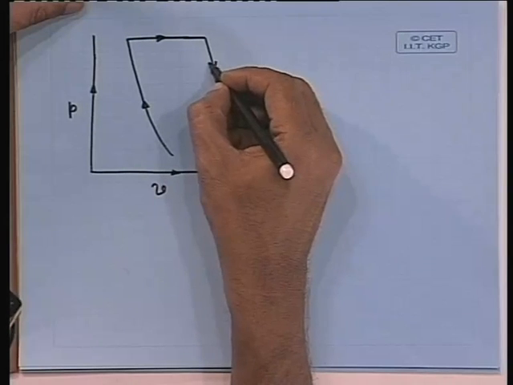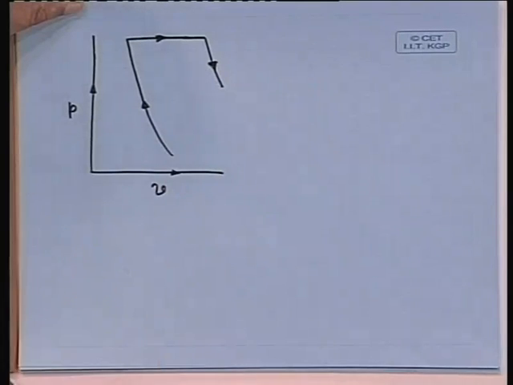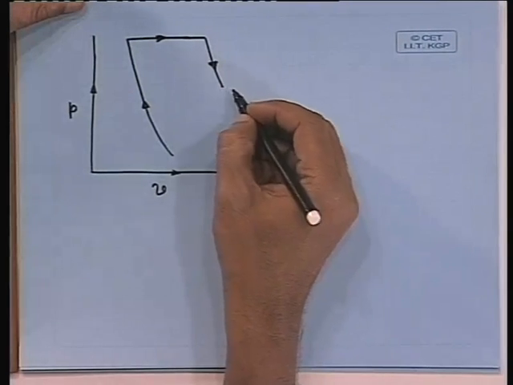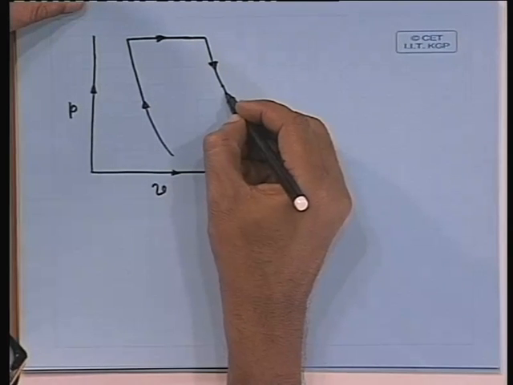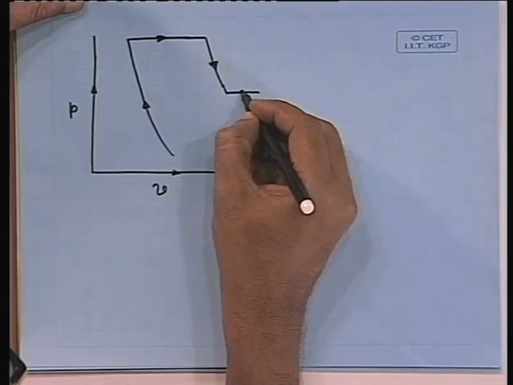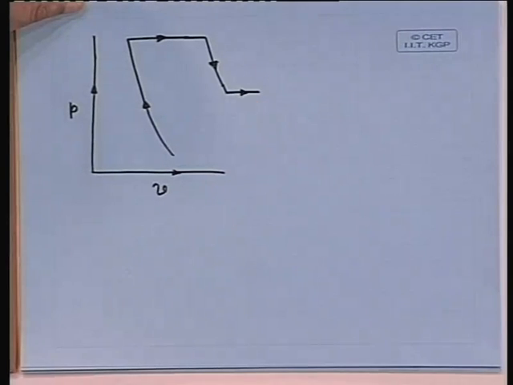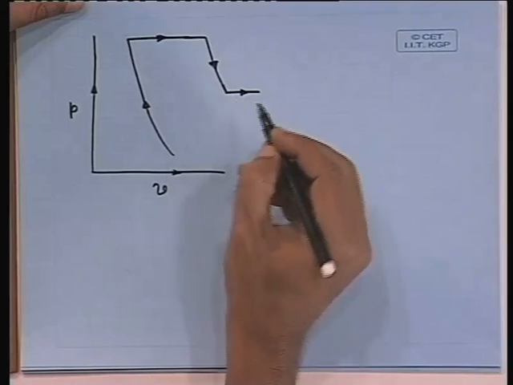After expanding the hot product of combustion to a certain intermediate pressure, what we will do? We will take it out of the turbine, and then we can reheat the gas. This is reheating. That means it can be done like that.